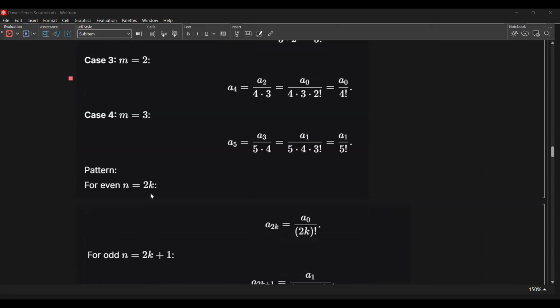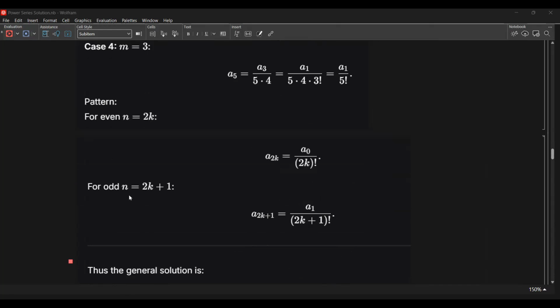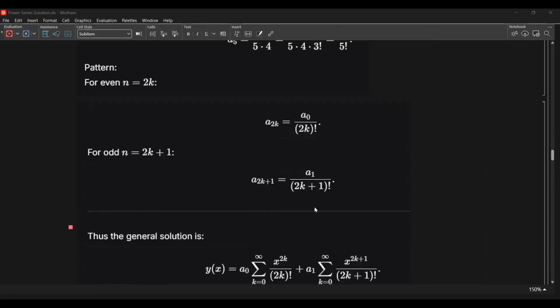So for even n equal to 2k, a sub 2k equal to a sub 0 over 2k factorial. And for odd n, 2k plus 1, a sub 2k plus 1 equal to a sub 1 over 2k plus 1 factorial.